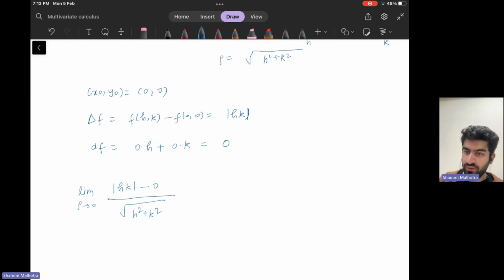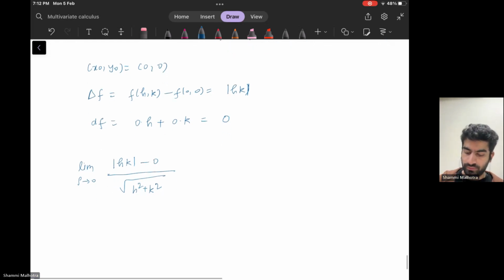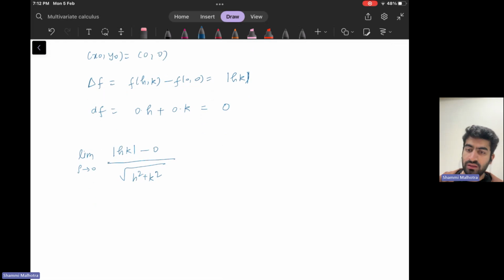There are multiple ways to calculate this limit, which we have seen in our first week. Either we can go with first principles or we can do the polar transformation. So let us try the polar transformation. We put h equal to r cos theta and k equal to r sin theta.